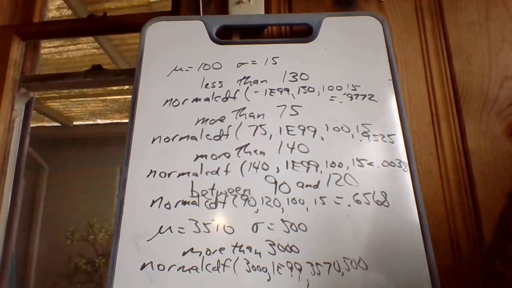Normal CDF, 3000, comma, 1e99, comma, 3570, comma, 500. Enter. 0.8729, rounded.